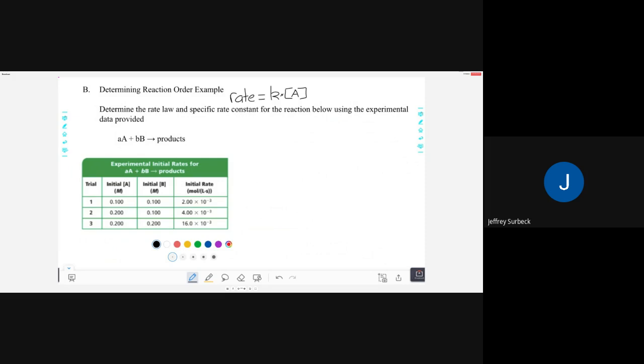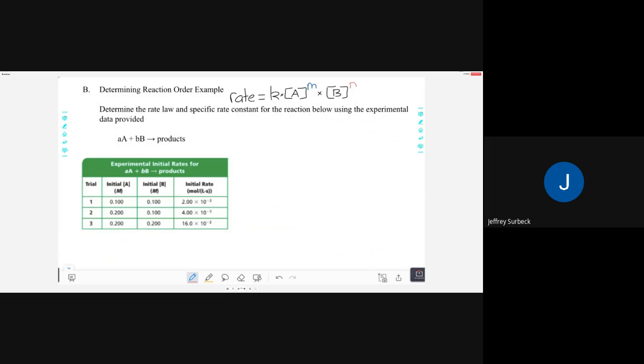I'm going to call this, I want to know what the power of M is, and then we're going to multiply it by the other reactant. So our other reactant in this example is B. We're going to say times the concentration of B, and we want to find out what that exponent is, which again, I'm just going to follow the example and notes.